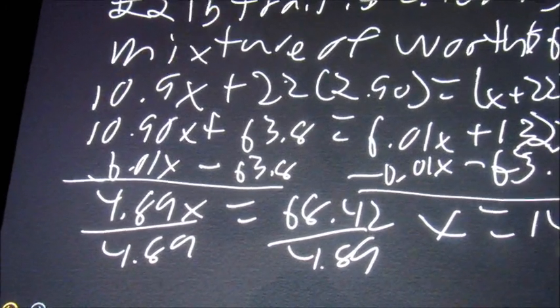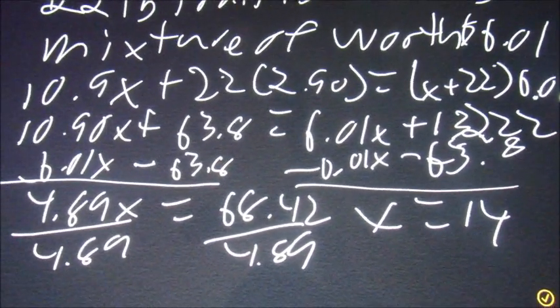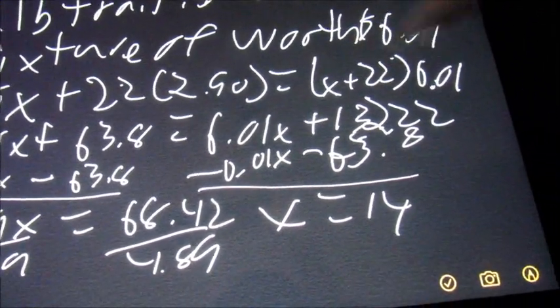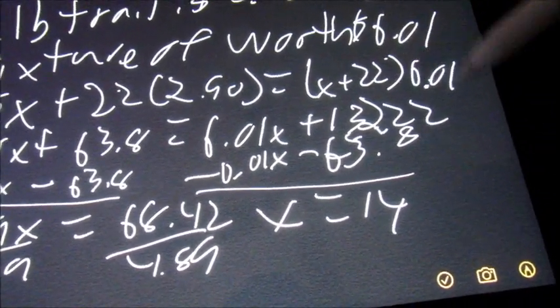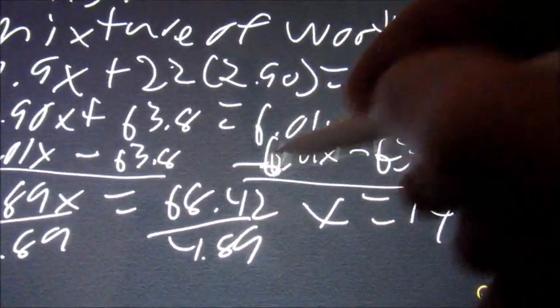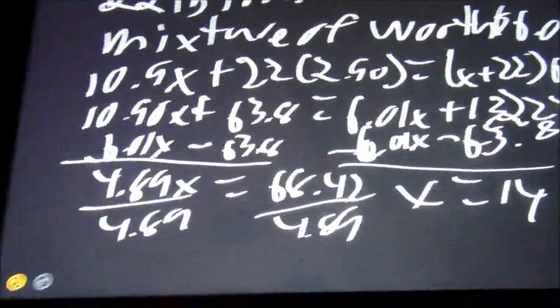So we have 10.90x plus 63.8 equals 6.01x plus 132.22. I'm going to move my x's to the left and numbers to the right, so they're all positive.